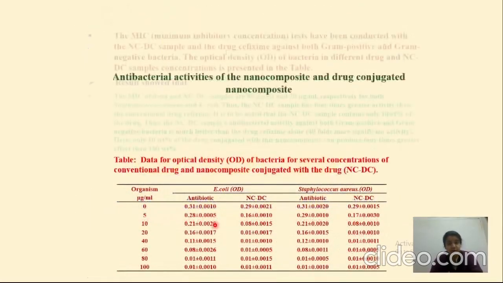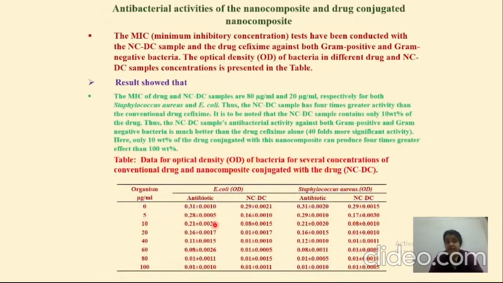We again confirm the antibacterial activity of the nanocomposite and the drug conjugated nanocomposite, and also we have compared the antibacterial activity of the drug conjugated nanocomposite with the pure antibiotic by MIC study. That means the minimum inhibitory concentration study, which is the concentration in which the optical density of the bacteria is nearly equal to 0.